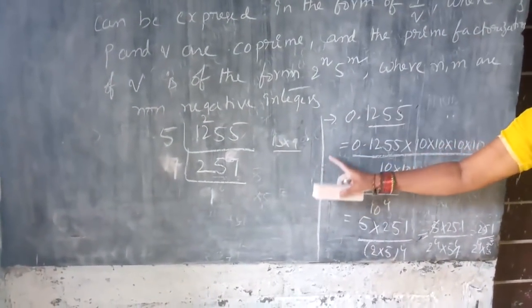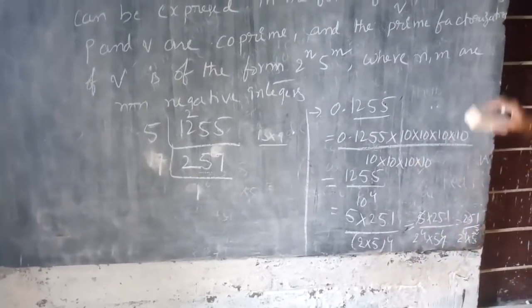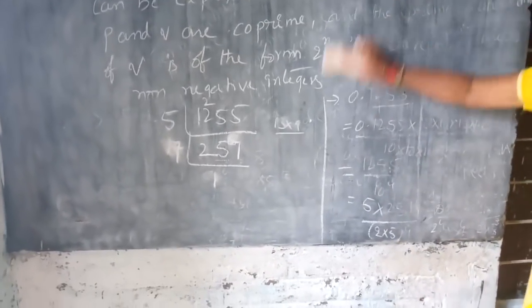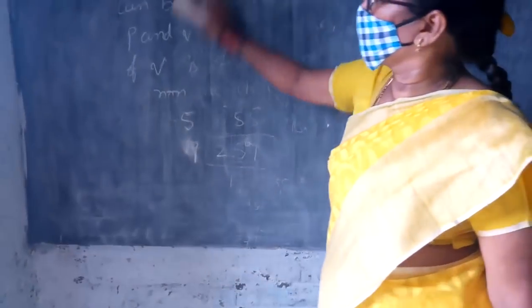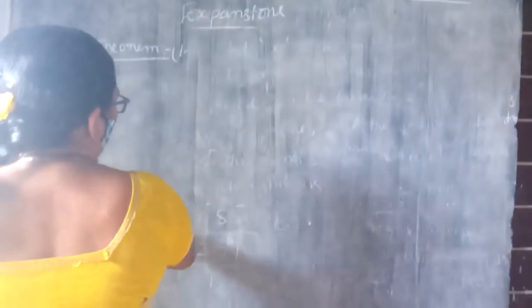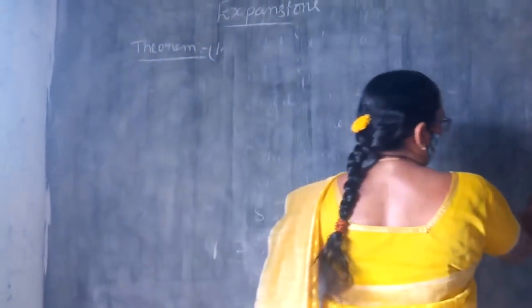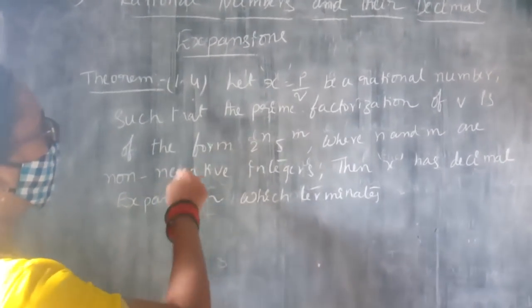Now what have we done? We changed a decimal number into rational form. Next, theorem 1.4. Okay children, go for theorem number 1.4.